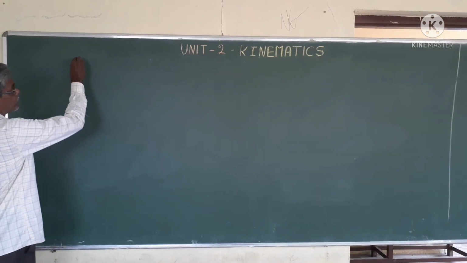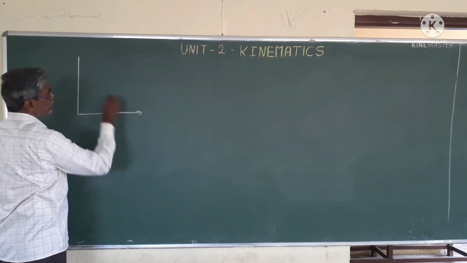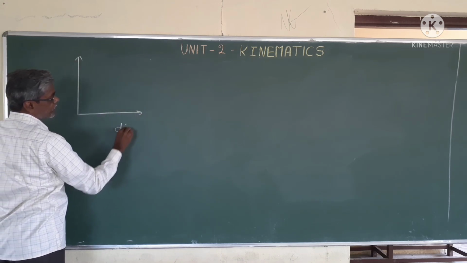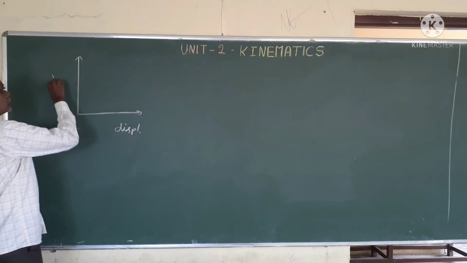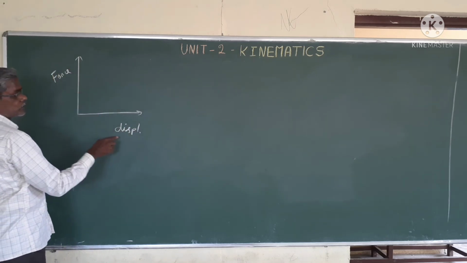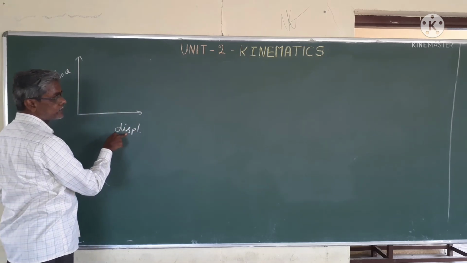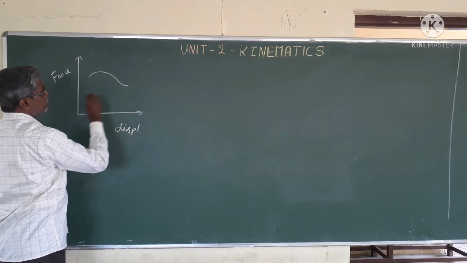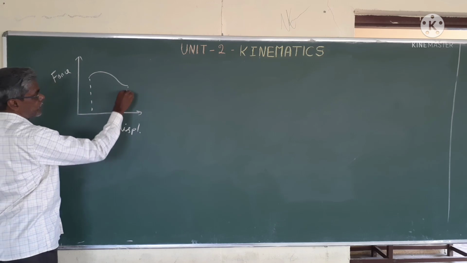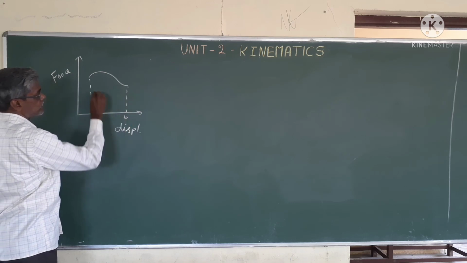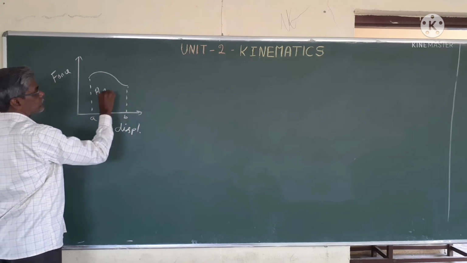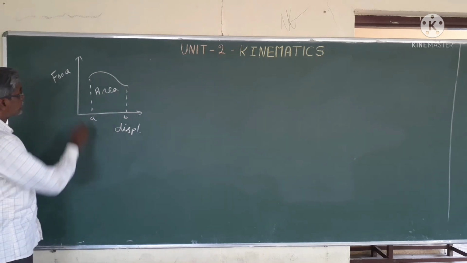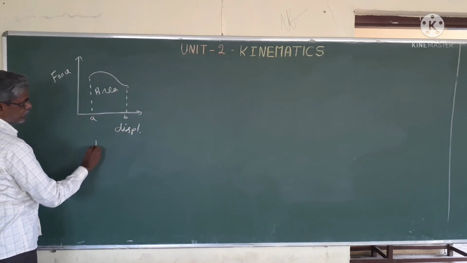For example, let us take a geometrical shape figure. Here it is displacement, here it is force. So displacement is independent and force is a dependent one. Now, I want to find out the area under this curve. So how to find out the area under this curve?